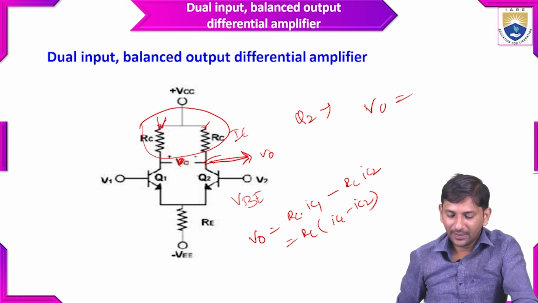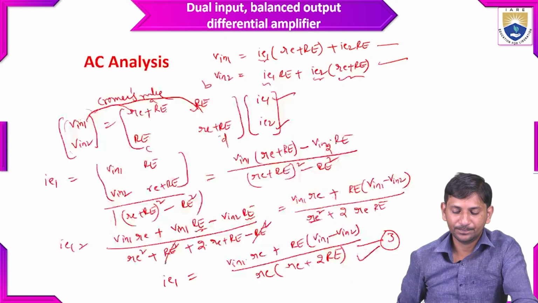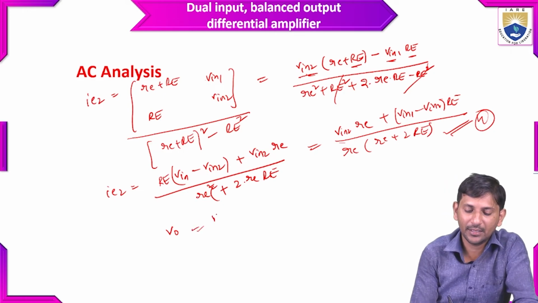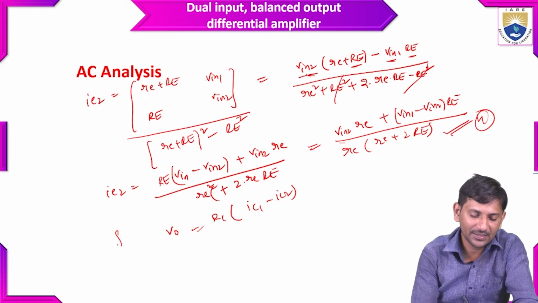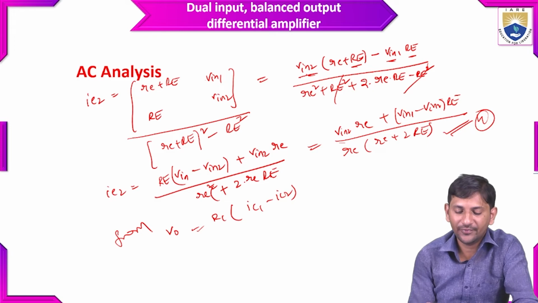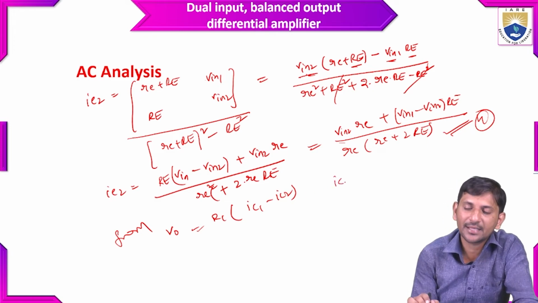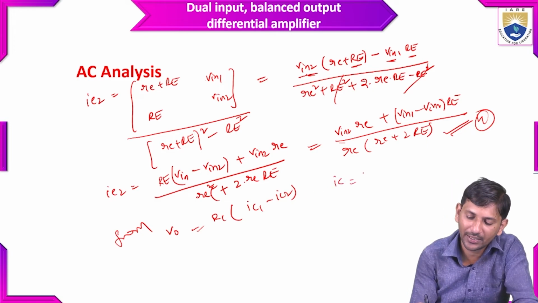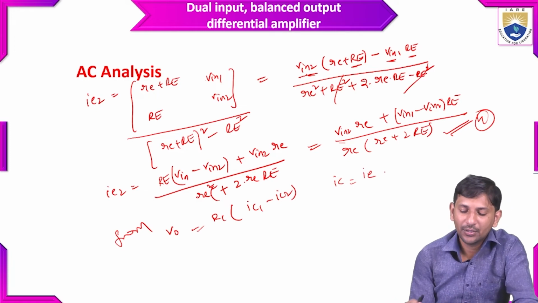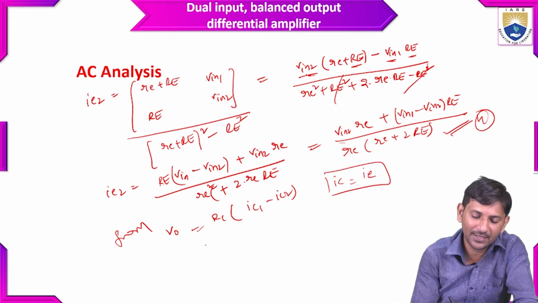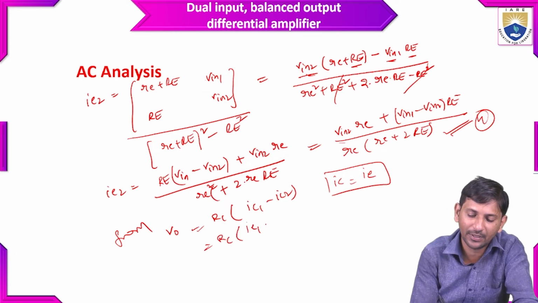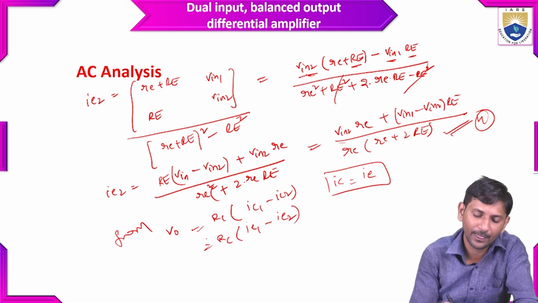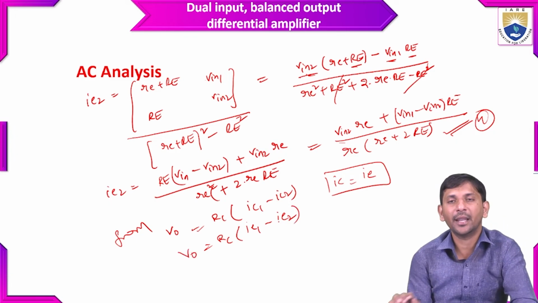So we have seen this one: the output voltage becomes RC into (IC1 minus IC2). From this output voltage expression, if you observe, the current across the collector pin is equal to the current across the emitter pin. So based on this, if I replace this expression with the emitter current, it becomes IE1 minus IE2, where we know these values IE1 and IE2.